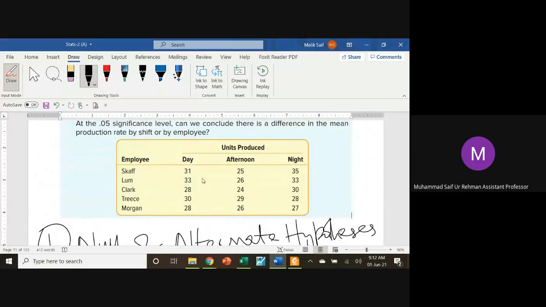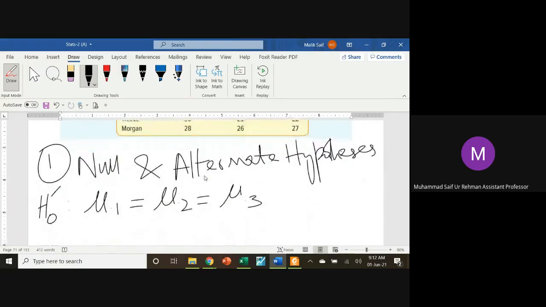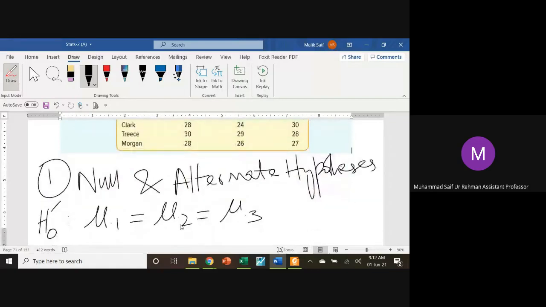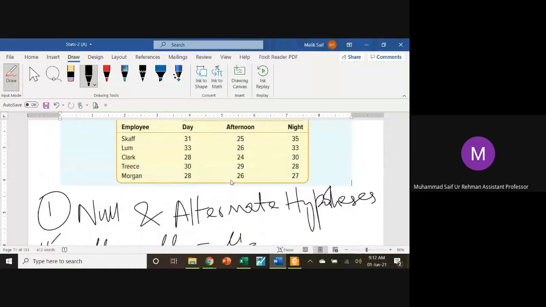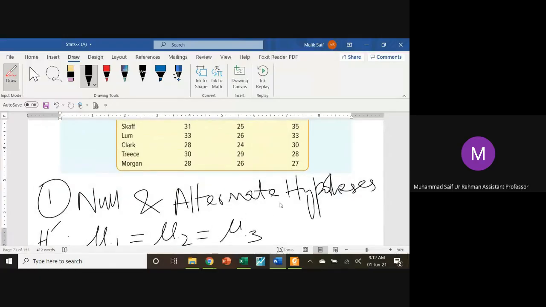1, 2, 3. So it means that the first null hypothesis is about shifts. So mu dot 1, mu dot 2, mu dot 3 are the average productions during the shifts. Mu 1 is the average production during the day shift, mu 2 is the average production during the afternoon shift, and mu 3 is the average production in the night shift.